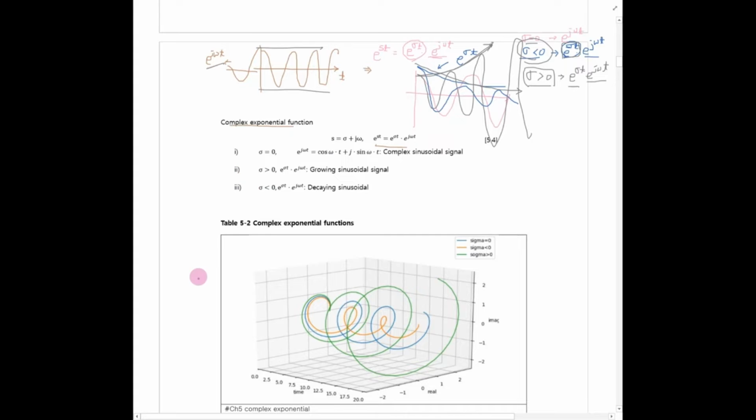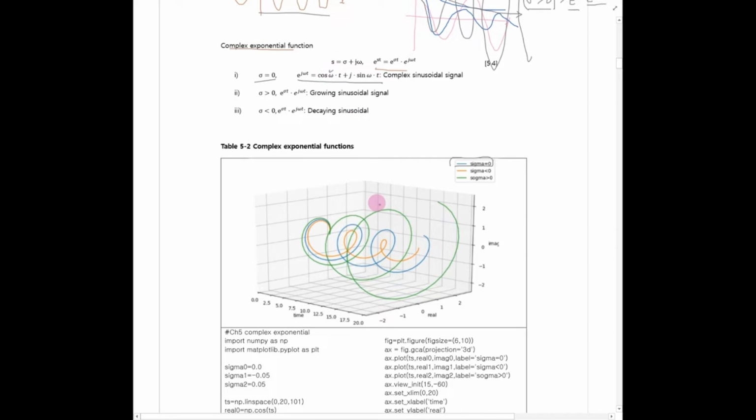Let's compare that here. In the case of sigma equals 0, it's just the same as a sinusoidal one. That is shown here as the blue one. The blue one is the real and imaginary part plotted in the same domain. As time goes on, this is the time domain, but the real and imaginary parts are changing like that. The real part is cosine.